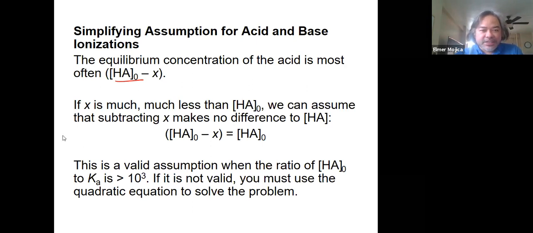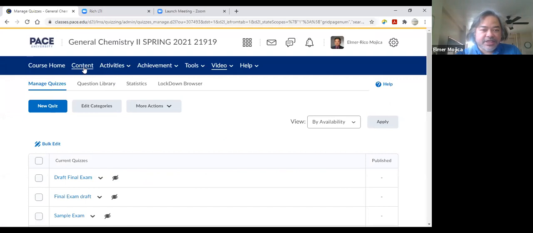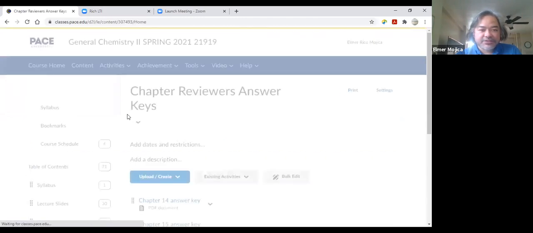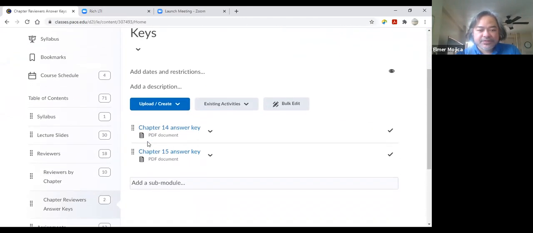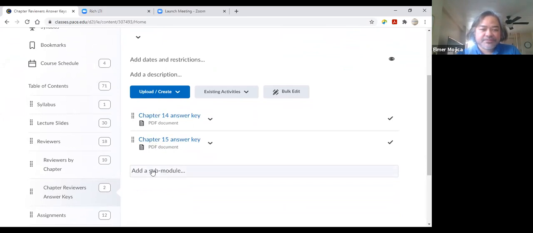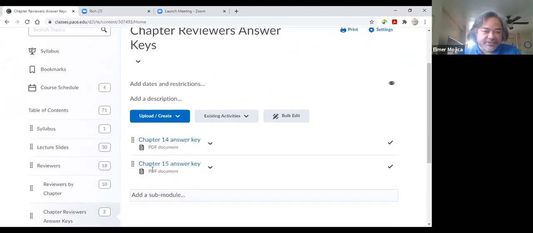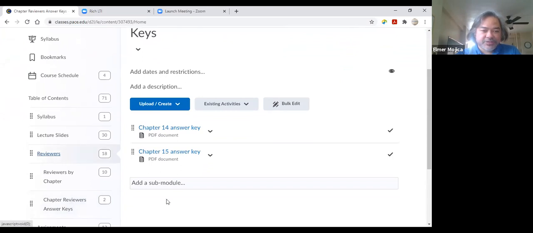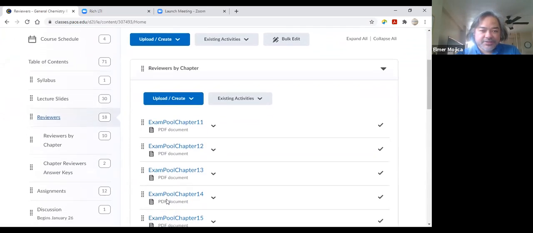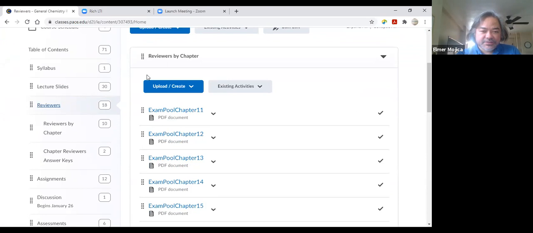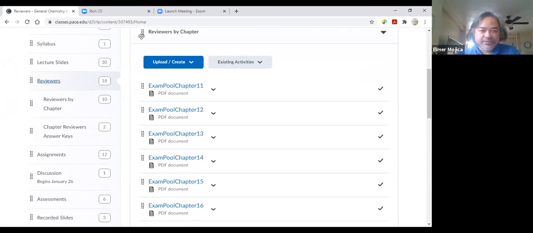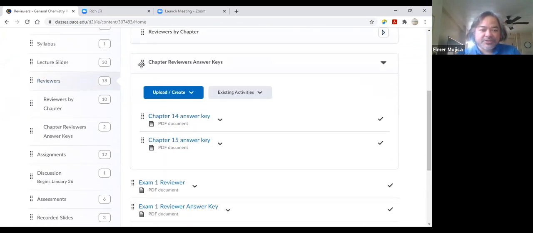So if you have the classes, I'll try to show you the classes that I have. So if you have these classes here, you get the content. See that one? This is under the reviewers. You have reviewers by chapters, and then you have their chapter reviewers answer key.